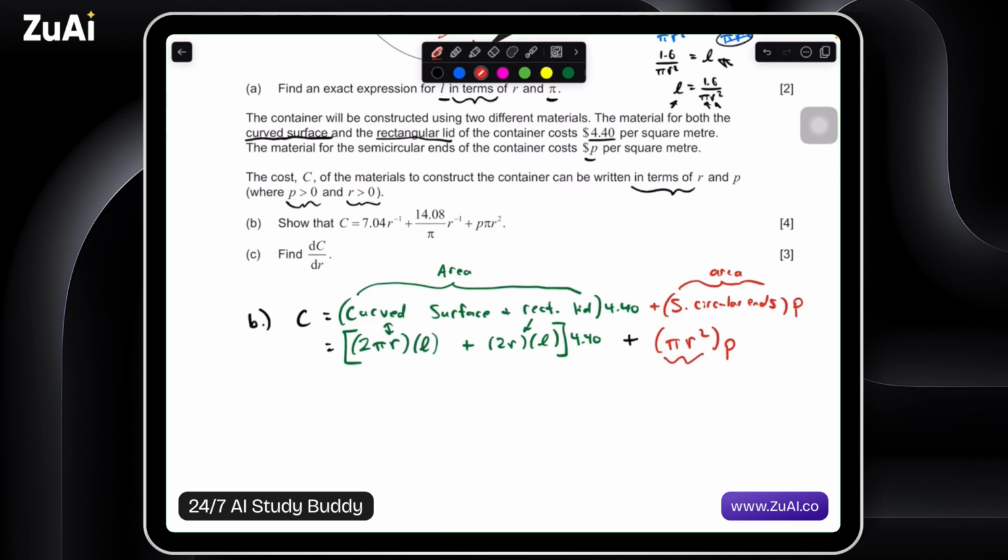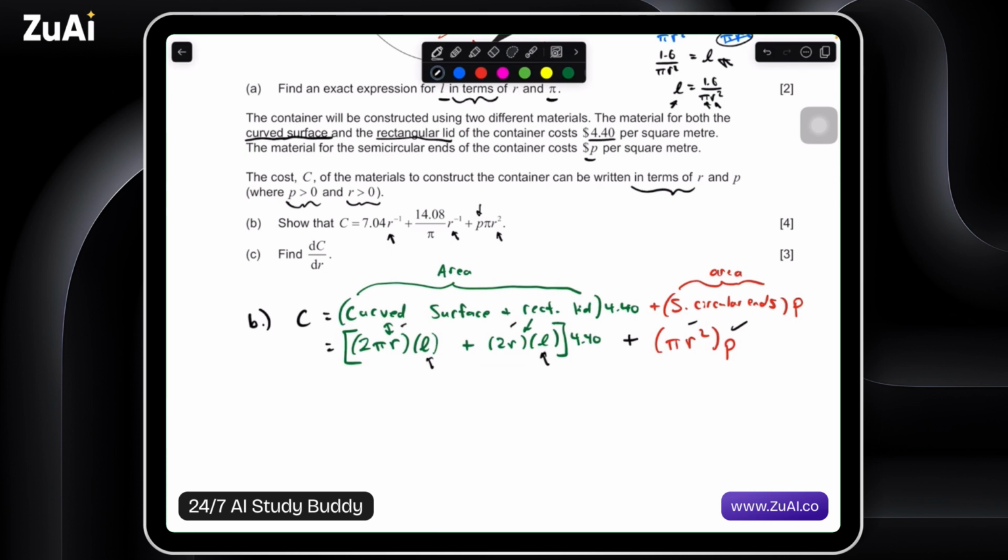This is our area right here, and it costs $p per square meter. Okay, so we're actually almost there, but if we look at the original formula, it's just in terms of r. There's no L, there's p, that's okay, so this should be able to stay. The r's should be able to stay, but we want to get rid of these L's right here.